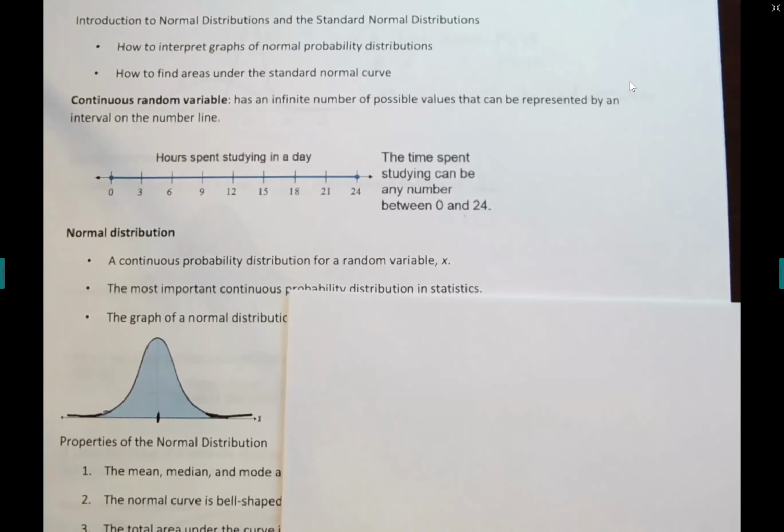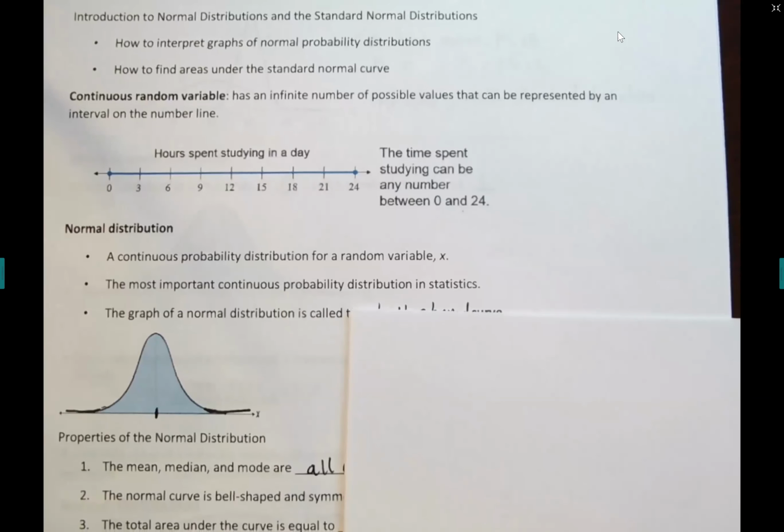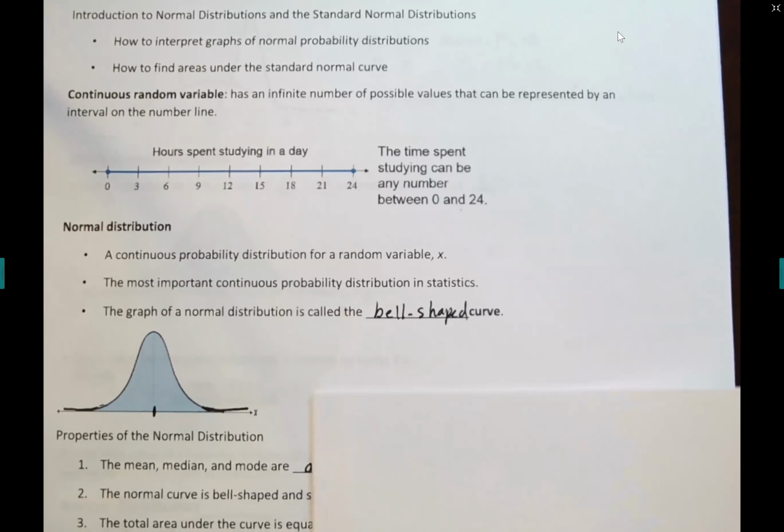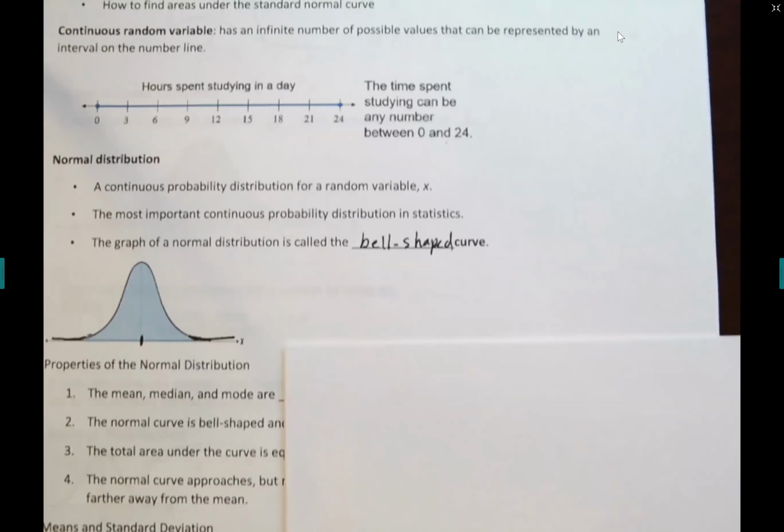So this is the most important distribution that you will ever learn. And the graph of the distribution is called what, guys? What would you write here? Starts with the letter B. Bell-shaped, yes. Bell-shaped curve. Okay. What about next paragraph?